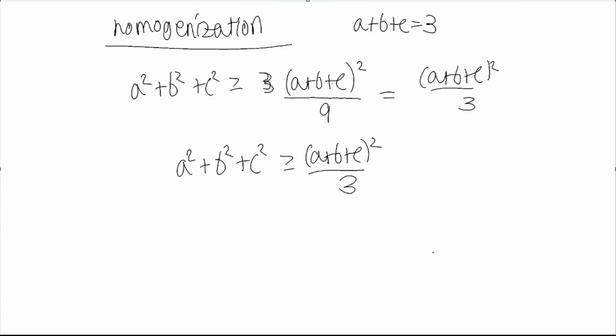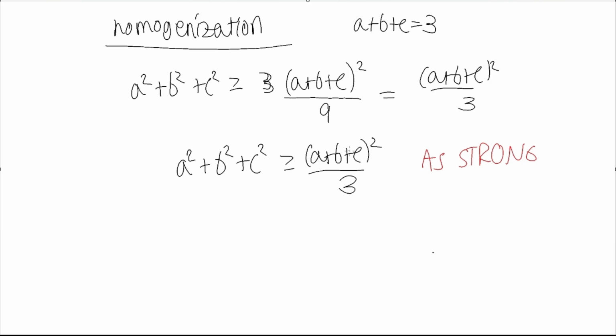Now there's something I want to note. This is as strong as our original inequality that we wanted to prove. So, as strong. Because really all we did was add this (a + b + c)². And when a + b + c equals 3, this gives us our solution.